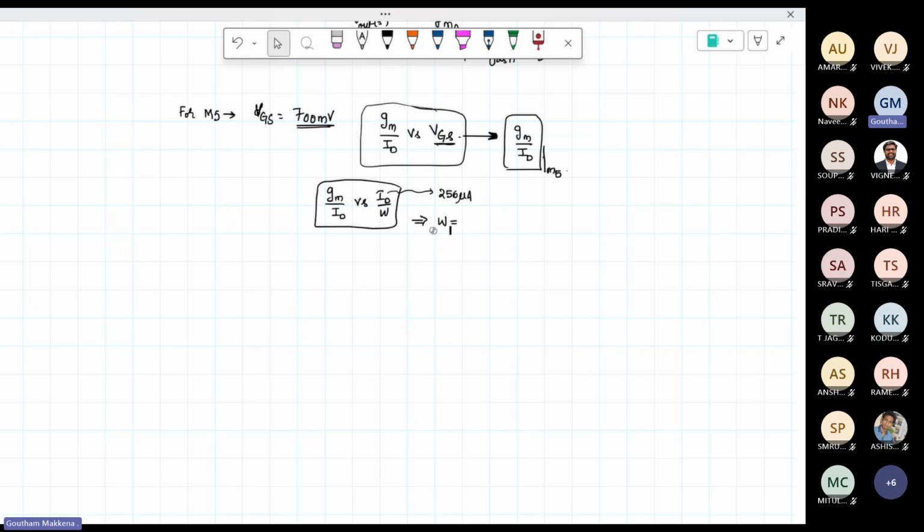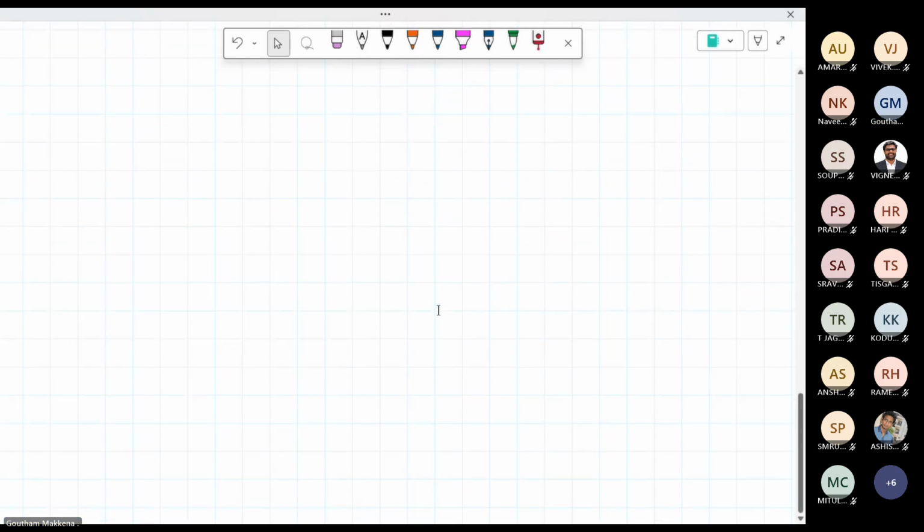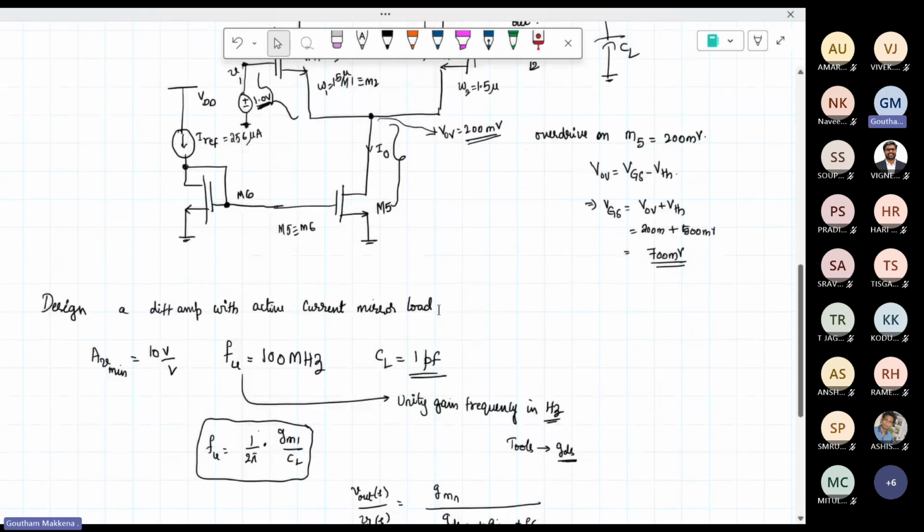Do you agree with me? From this, can I directly calculate the W value? And M5 and M6 are matched, right? M5 and M6 are completely matched. So W5 will be equal to W6.